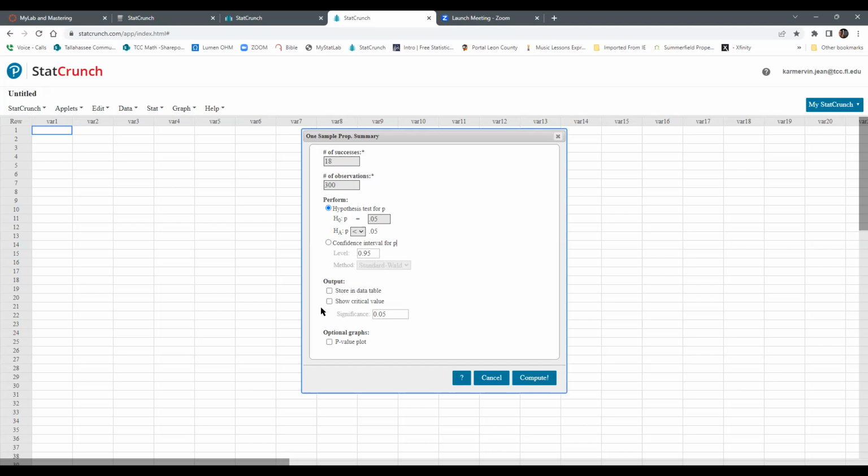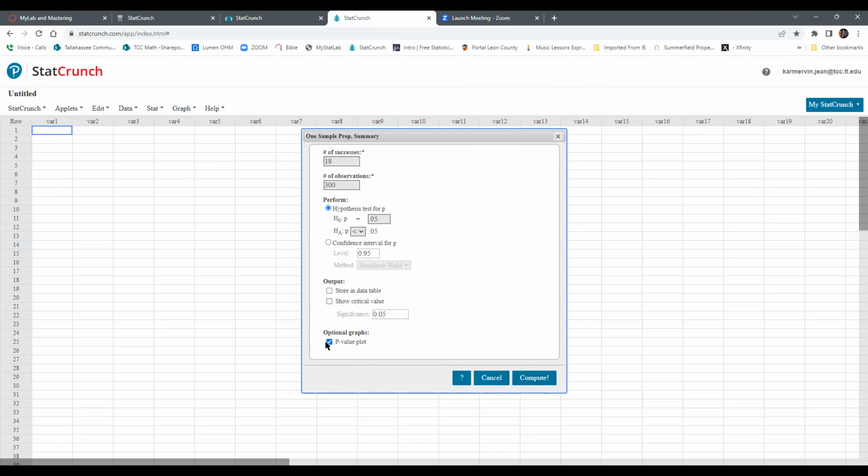My significance level is 0.05 by default. I'm not going to put this one; it's unimportant. Then I say compute.